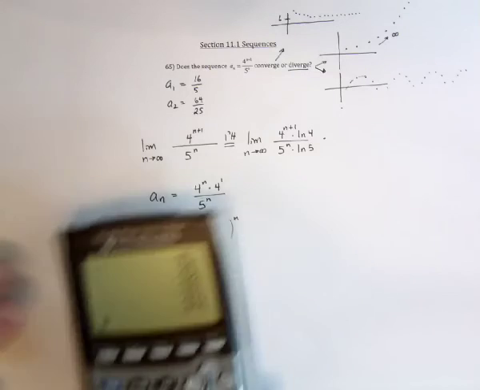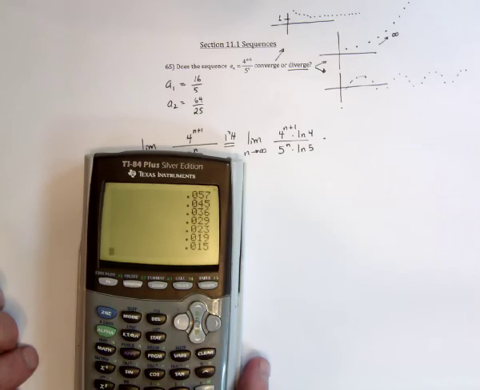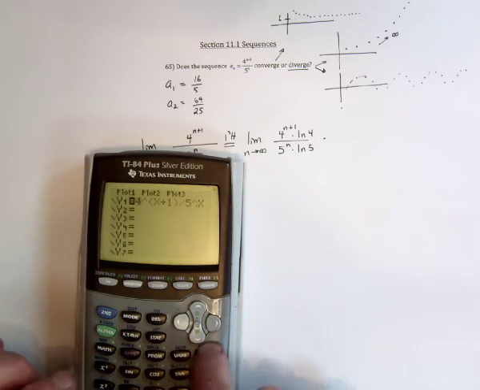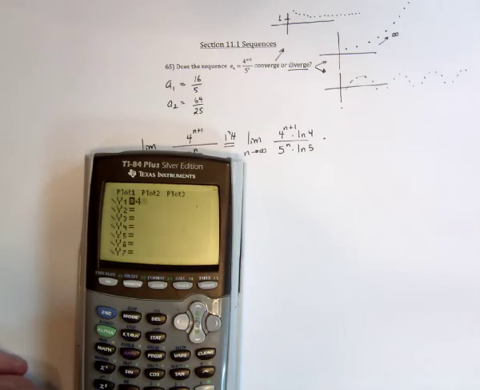Like I said, you take 4/5 of something repeatedly, or if you look at the function y equals 4 times (4/5)^x, it's the same thing: it goes down to 0.